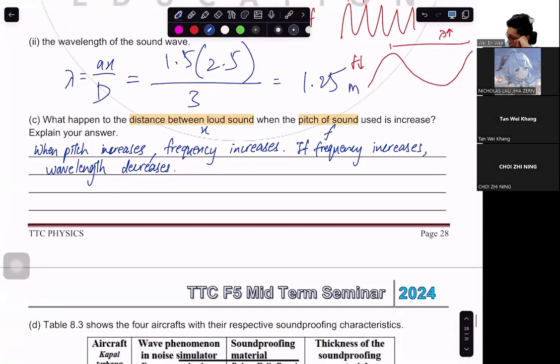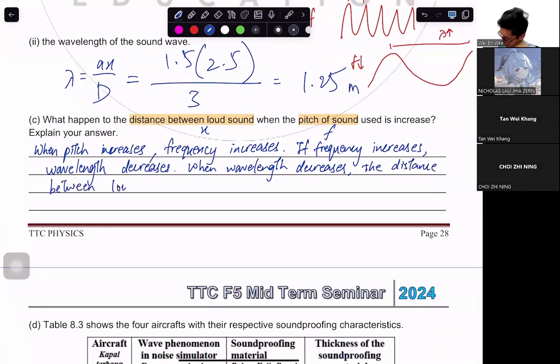So when wavelength decreases, the distance between loud sound decreases.